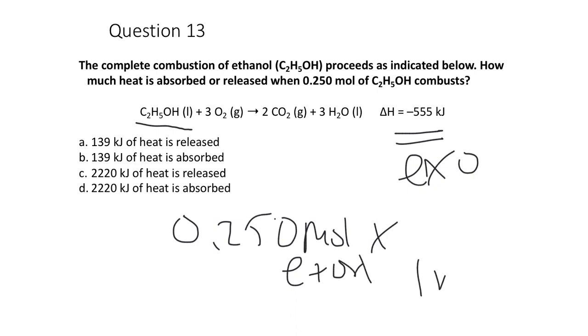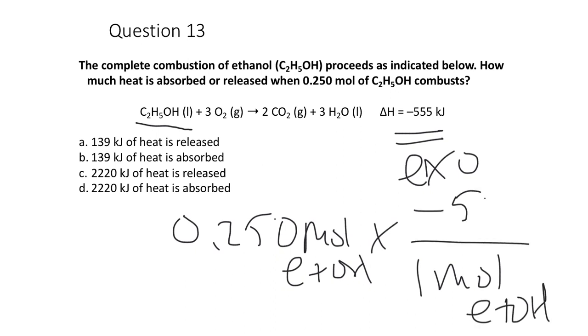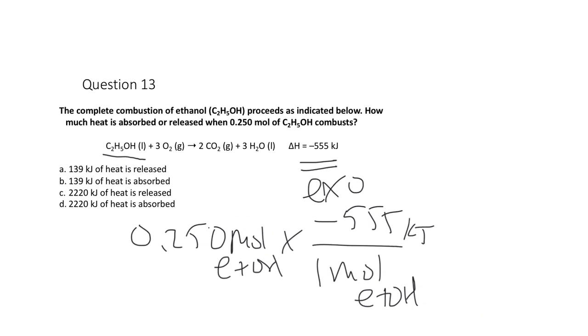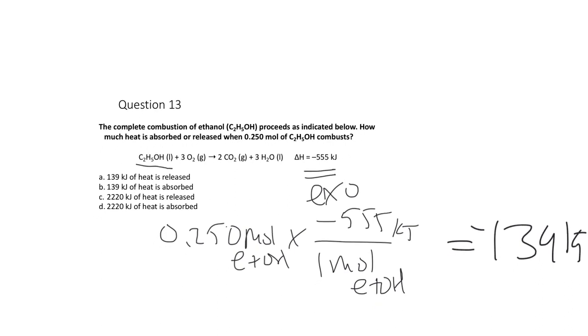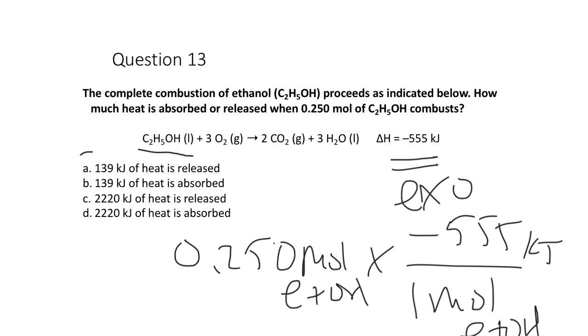For every 1 mole of ethanol, according to that reaction, minus 555 kJ is the heat change in the reaction. So that's going to be 139 kJ. Now, negative means the reaction loses that heat. Where does it go? It's released into the surroundings. So the reaction releases 139 kilojoules of heat.